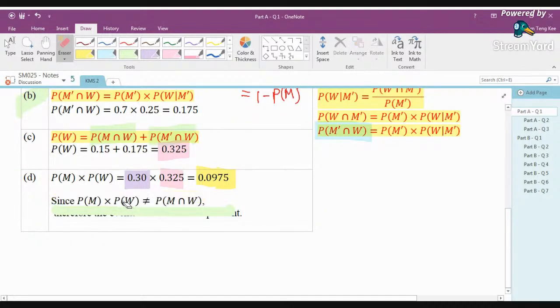We start with the reason: we notice that PM multiply PW is not the same as P of M intersect W, and therefore the events M and W are dependent, or in other words, they are not independent. So this is how we have the answer for question number 1D.